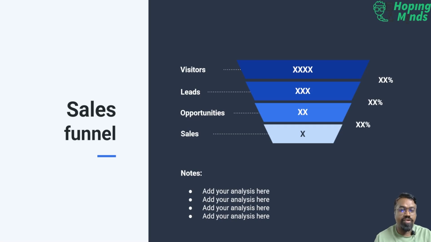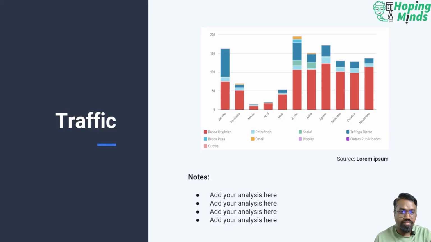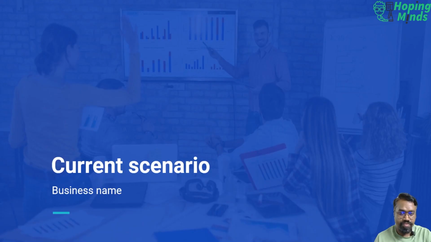And after doing our analysis, we need to keep notes here. Again, as I told you earlier, we need to analyze traffic on their website, and again we need to put our notes over here. Now, what is their current scenario?